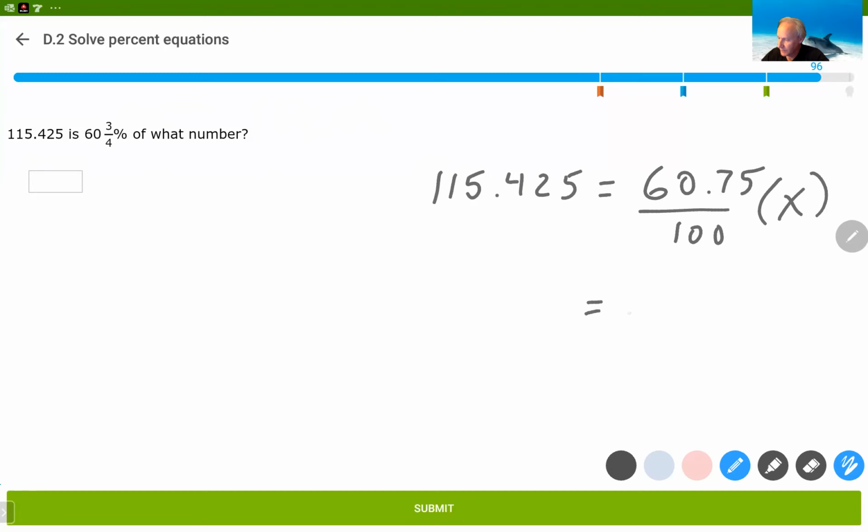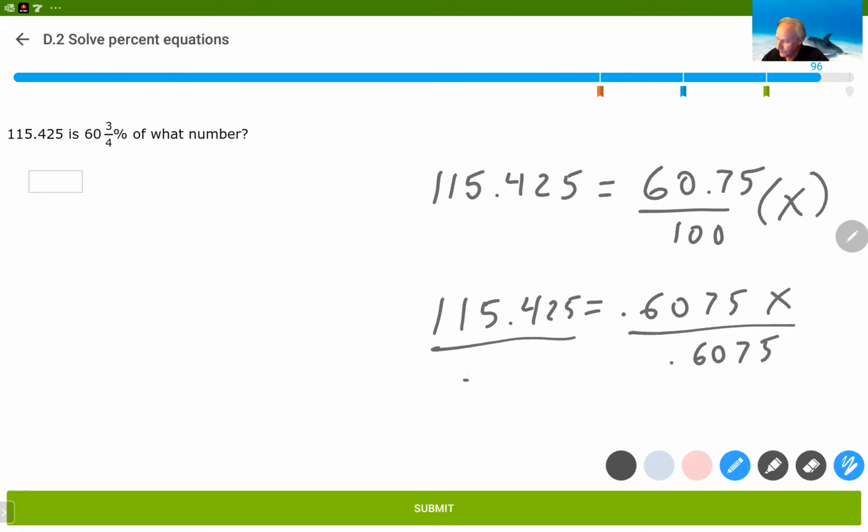This is the same as 0.6075x is equal to 115.425. I'm going to do a really ugly decimal division. 115.425 divided by 0.6075, and I get 190.